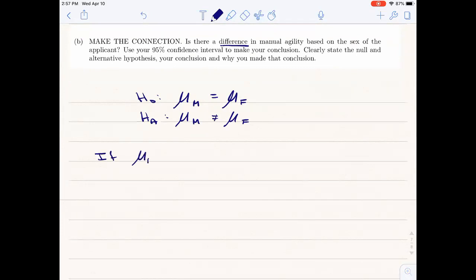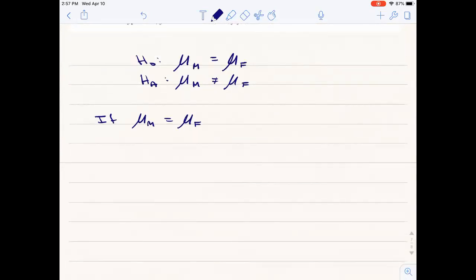If mu m is equal to mu f, then mu m minus mu f would be 0.